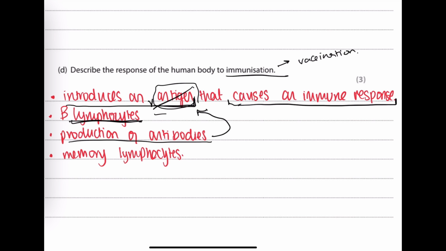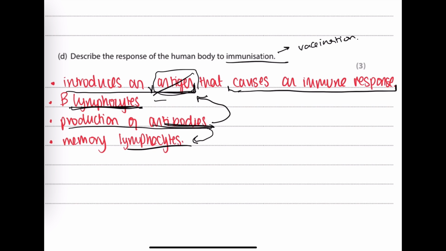But not all B lymphocytes do that. Some turn into memory lymphocytes, and they basically remember every type of reaction that was able to kill these antigens, so that if you ever get that antigen again, it's a much faster and much more long-lasting response, so you don't get as many symptoms as you did the first time.